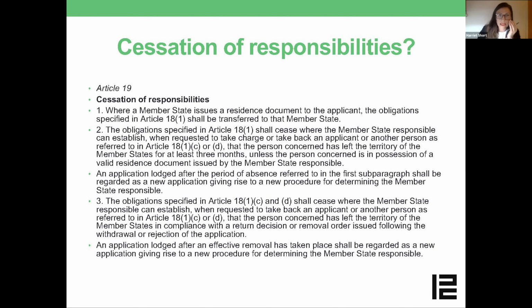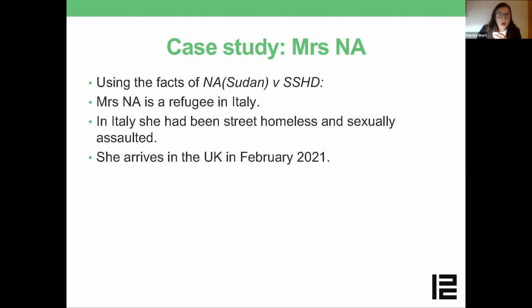What about someone who isn't what we might think of as a transitional case? So someone whose arrival in the United Kingdom is wholly after the end of the transitional period.